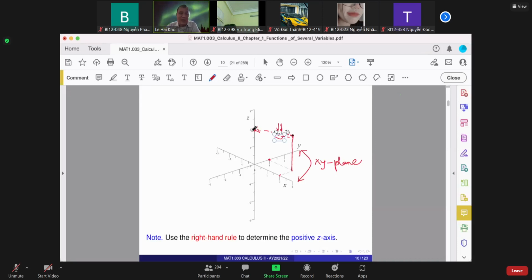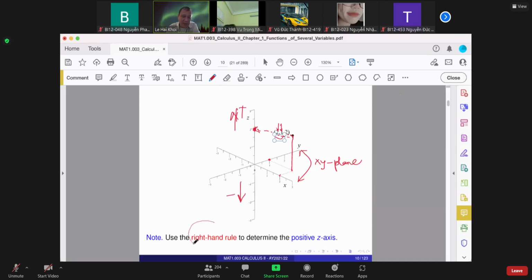Then you get 3 coordinates. And for that R3, to determine the positive direction, at least for Z, here you see you have positive and the other direction is negative.